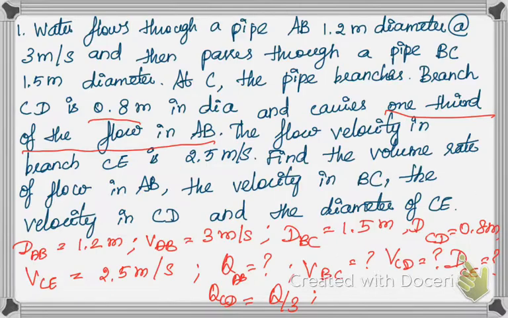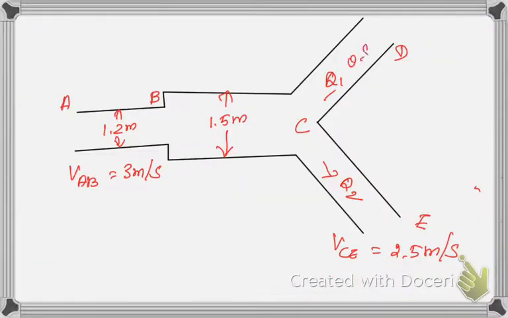You can see here, CD of diameter 0.8 meter carries 1/3 of the flow. So this diameter is 0.8 meter and only 1/3 of the flow is flowing, which means QAB by 3, or QBC by 3.